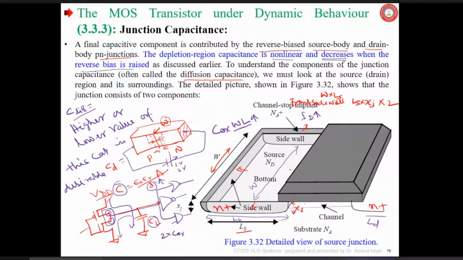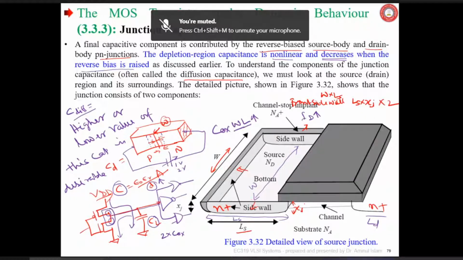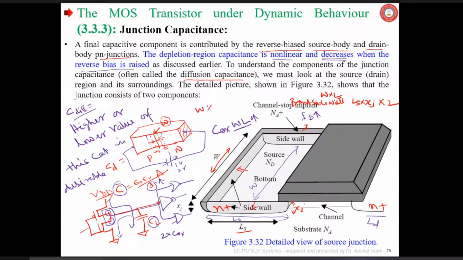And total area we have now come to know. No, still it is not done. So the left side wall is going to be W into XJ. Yes or no? W into XJ or not? Yes, sir. So all together we have got all areas known to us. Then we can find out the capacitance value.